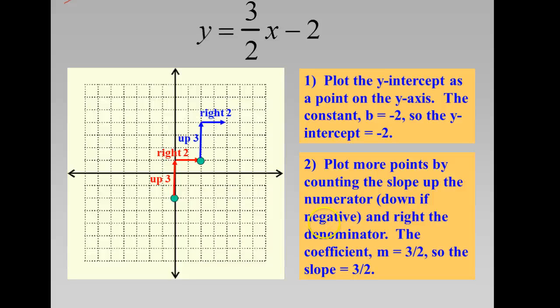And if we wanted to get some points on the other side, we could go down 3 and then run 2 to the left. Again, all you need is about 3 solid points, and then you can go ahead and draw the line.